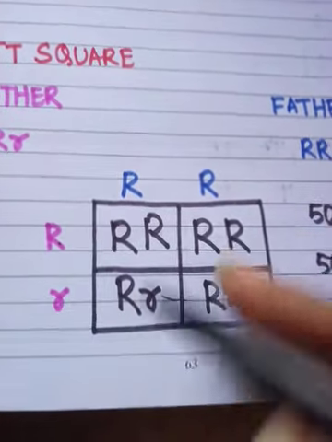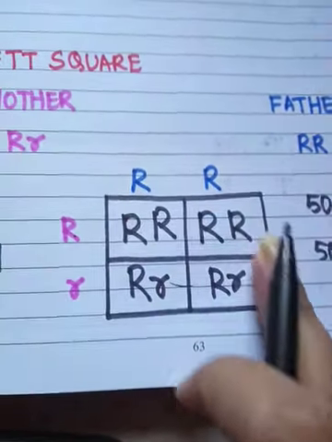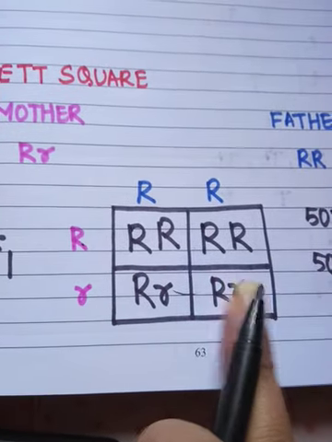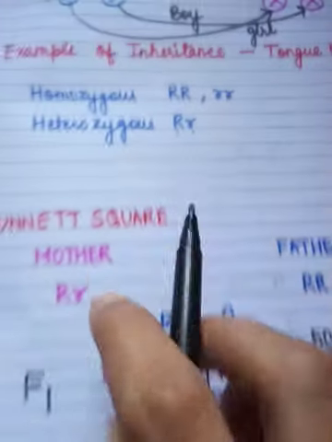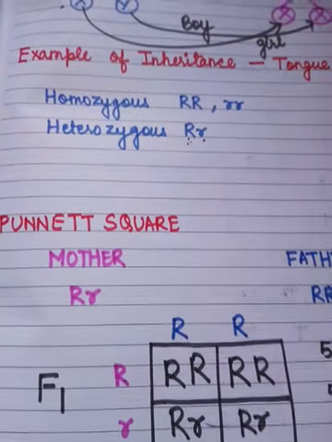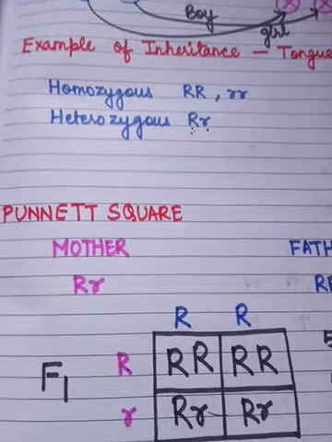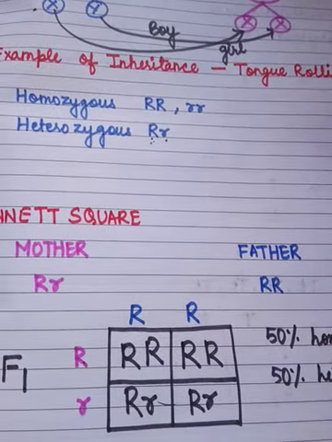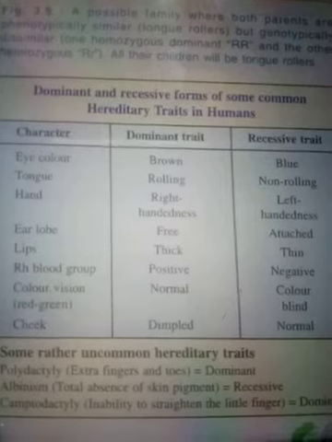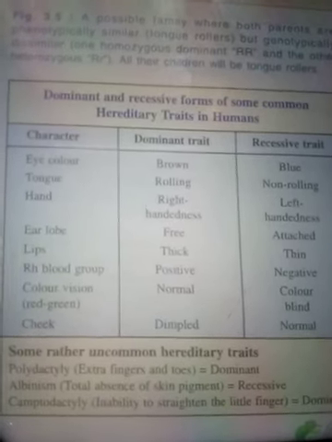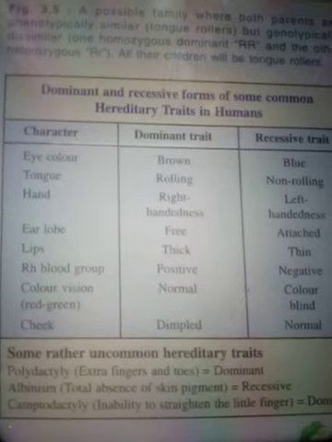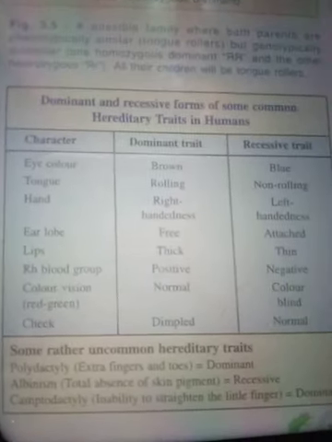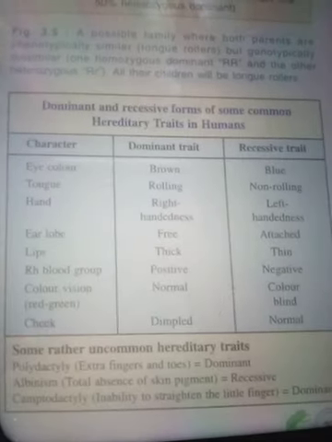Now when again we take any of these, either these two, and place them in the Punnett square, we will get maybe this type of inheritance. So this was all about tongue rolling. You can refer to your book for proper understanding. In your book you can see the dominant and recessive forms of some common hereditary traits in humans are given. So you can just read it and understand.